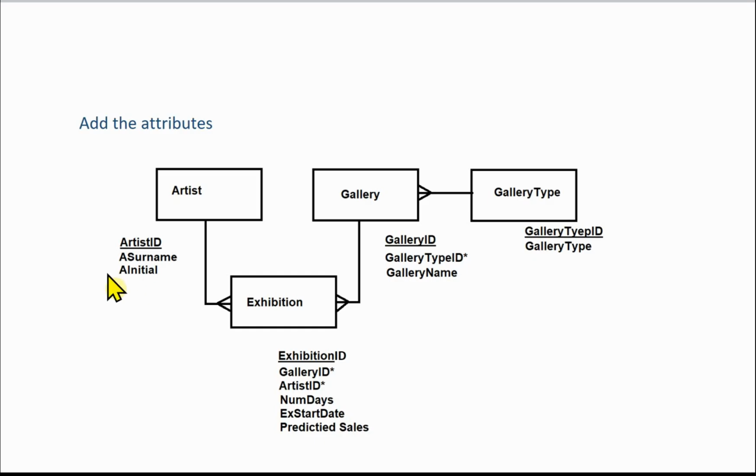Clearly the artist's surname and initial are dependent on the artist ID. And then we've got this table, exhibition. We've got the foreign keys in there, and we said the number of days is dependent on that exhibition ID. The exhibition start date is dependent on the exhibition ID. And the predicted sales are dependent on that exhibition ID.